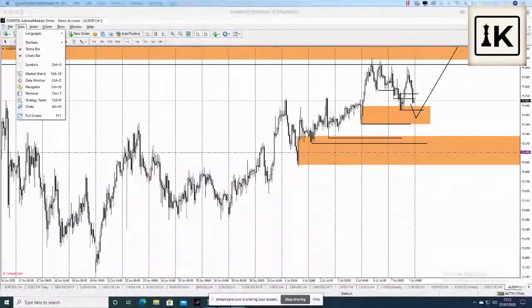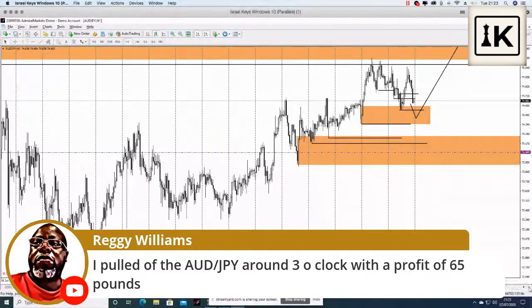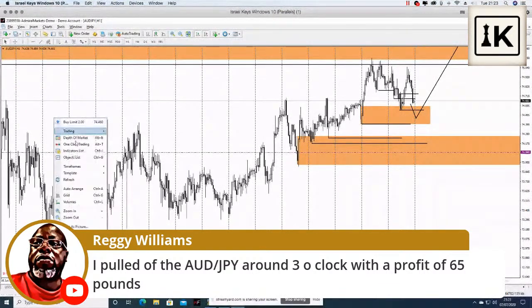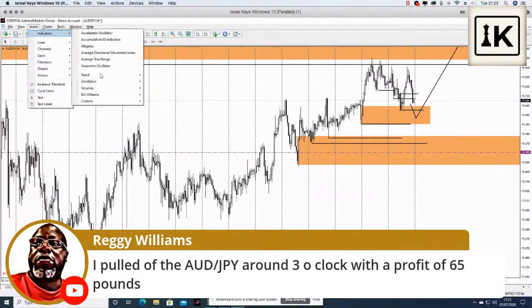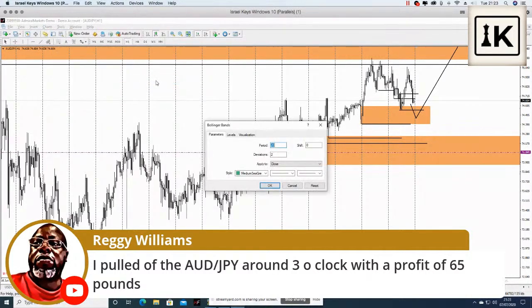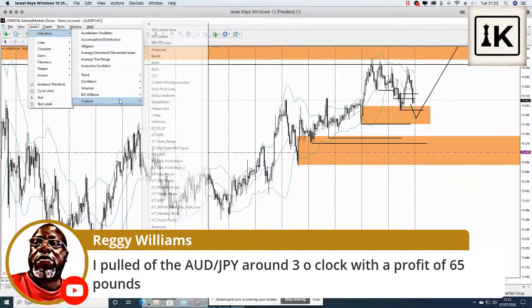You see how if you frame the trade correctly, it makes perfect sense. Let me stick your indicators on the chart again. Insert indicators, Bollinger Bands, and you also used, if I remember correctly, stochastic, right?